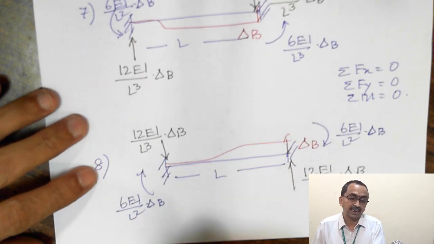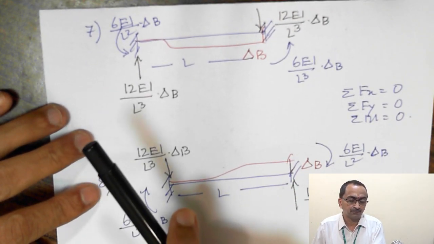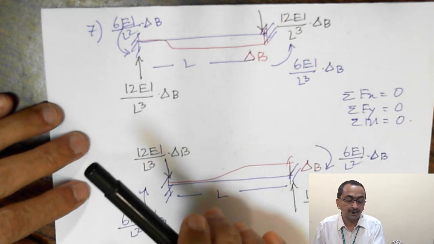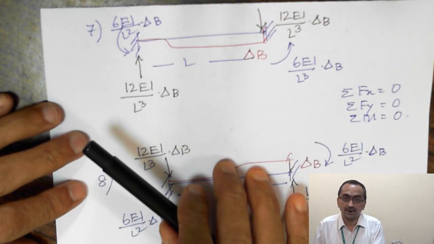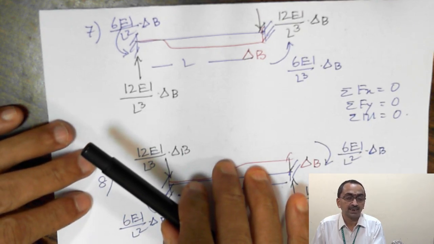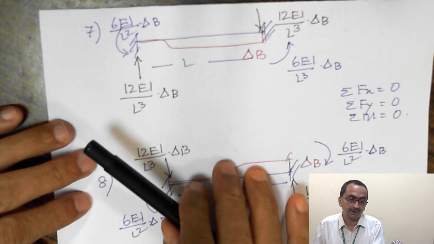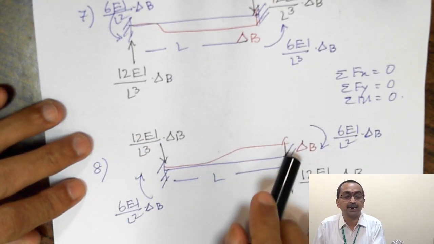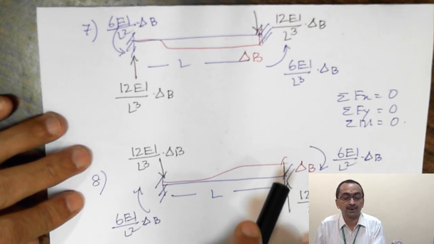Remembering these 8 diagrams is extremely important for stiffness analysis. If you remember these 8 diagrams very well, then again I must tell you that analysis using the stiffness method is a cakewalk for you. It's a very simple thing if you remember these 8 diagrams and the logic behind them. I hope I have made the logic very clear, and I hope you remember the logic.